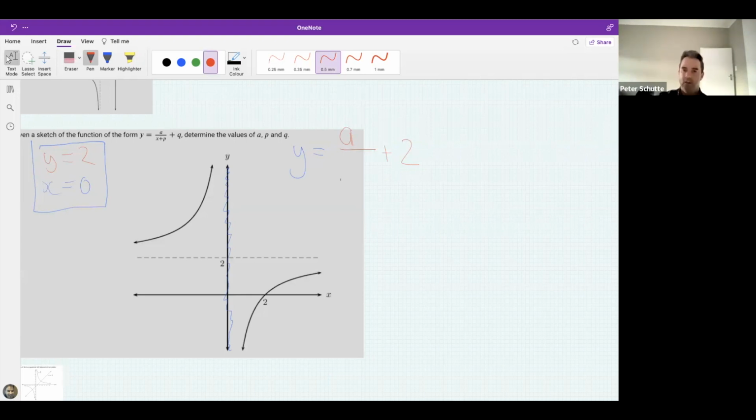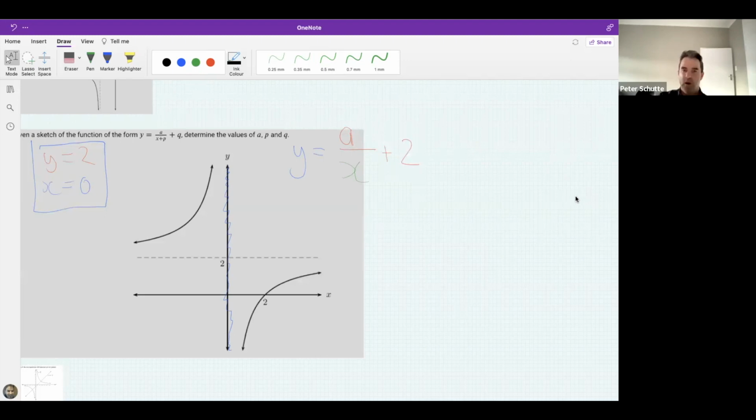Who feels like they know? Yeah, Siyabonga, what do you think goes there? X plus 0, say. Perfect. Yes. Just X all by itself. Fantastic.